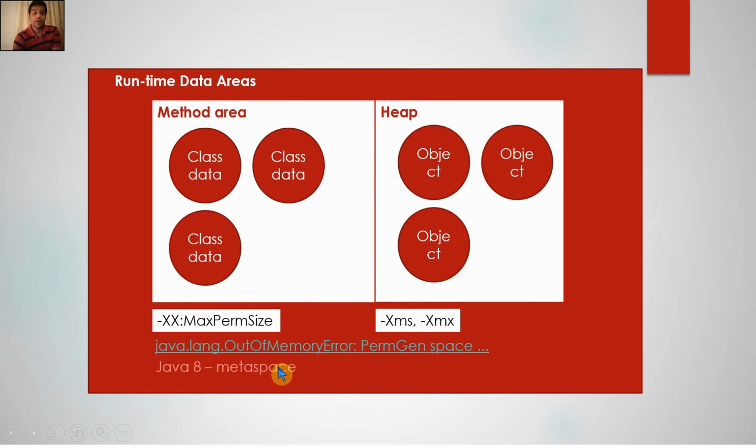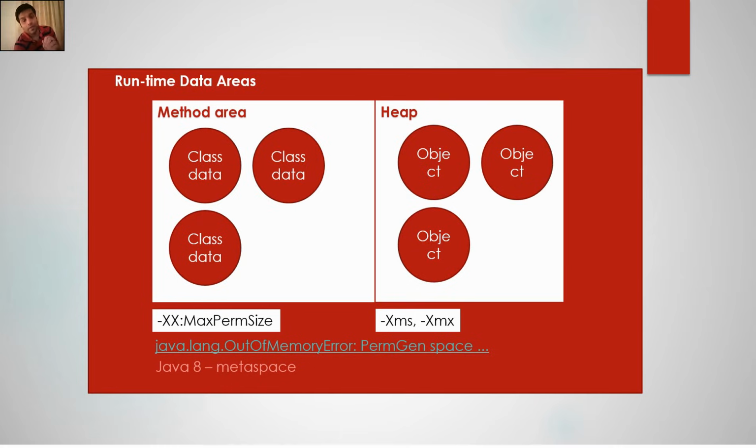Actually, since Java 8, they have gotten rid of the method area or the permgen, which is now called the metaspace in Java 8. What they have done is moved the permgen or method area into a separate memory in the native operating system, and that is called the metaspace.